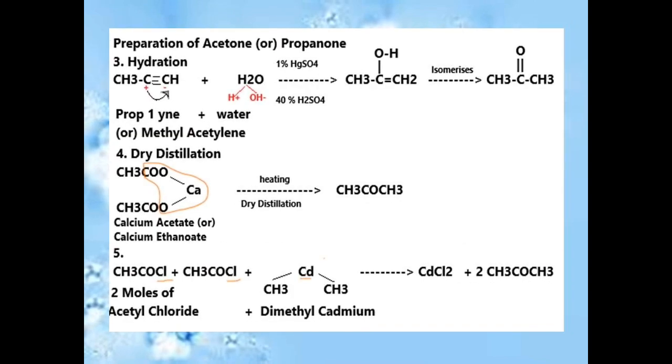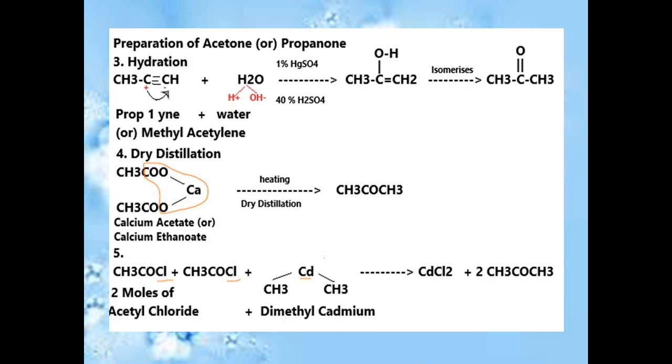The third preparation of acetone is by using propyne with water in the presence of 1% mercury sulfate and 40% sulfuric acid. We cleave the water as H and OH, and the triple bond electron is attracted by one of the carbon.